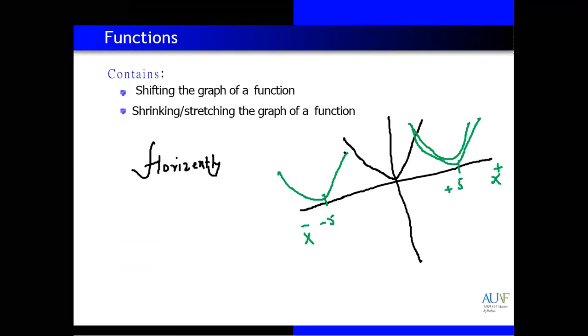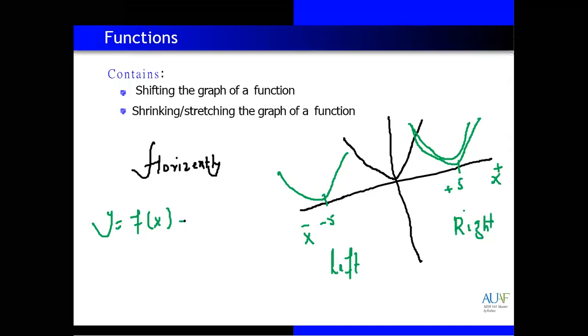So how can we shift horizontally, right side and left side? If we consider the right side as plus x axis and the left side as minus. If the function is given as y is equal to f of x, don't add or subtract anything to the function. We don't need to add or subtract like the previous one.